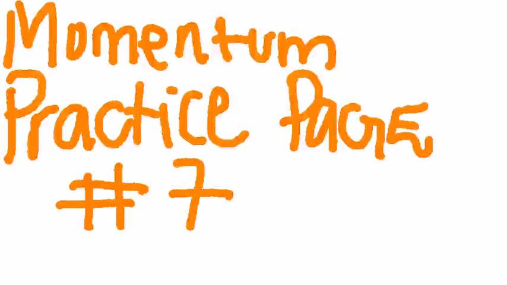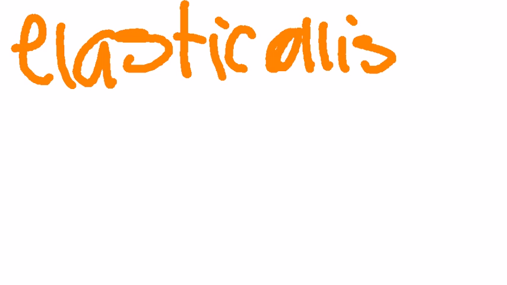So, we're going to start off. We're going to identify all our parts that we need in this equation. So first we're going to figure out what equation it is. The problem says that the football bounces straight back, so that means this is going to be an elastic collision.